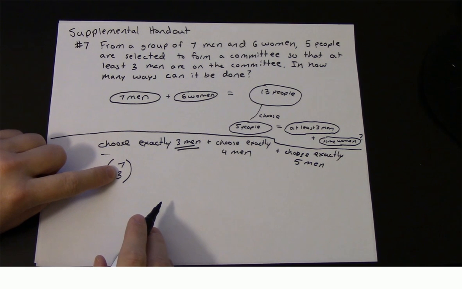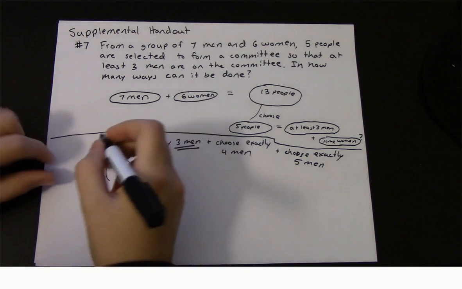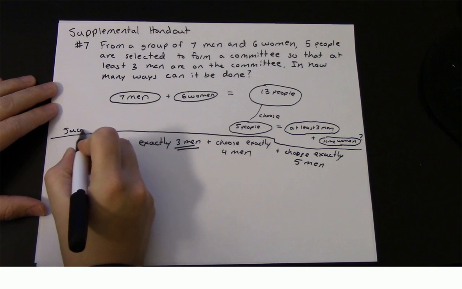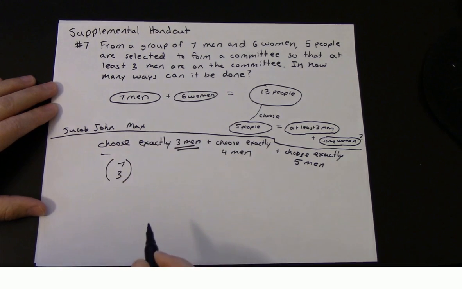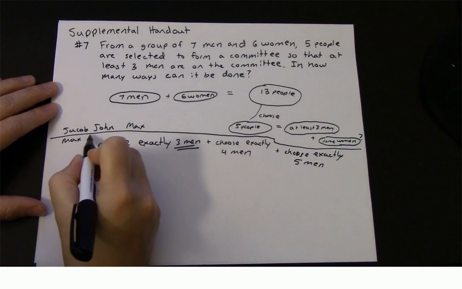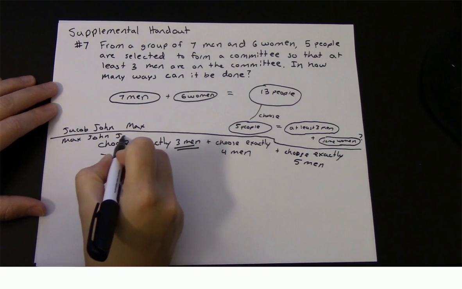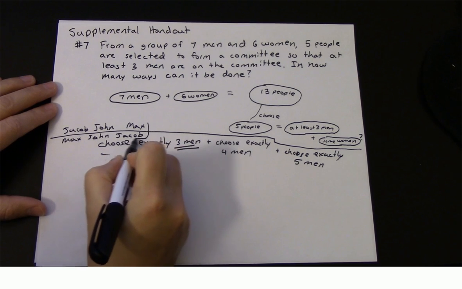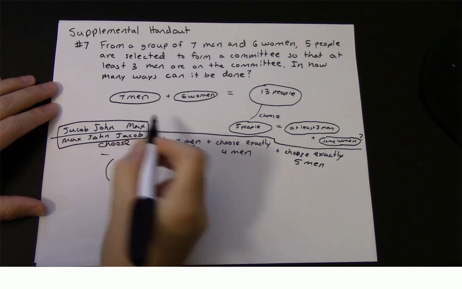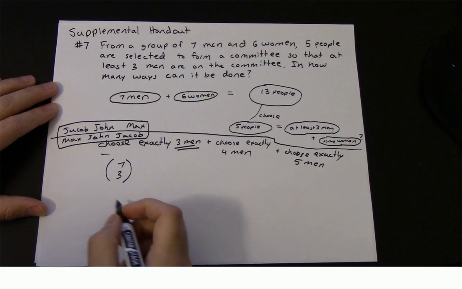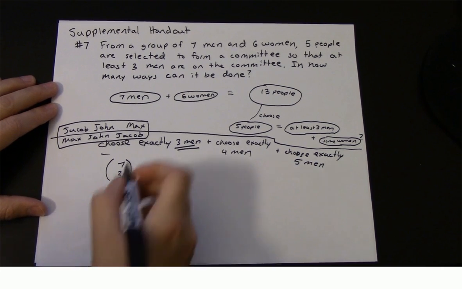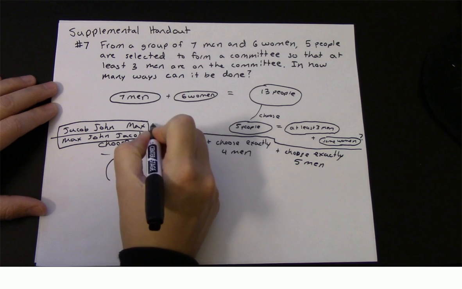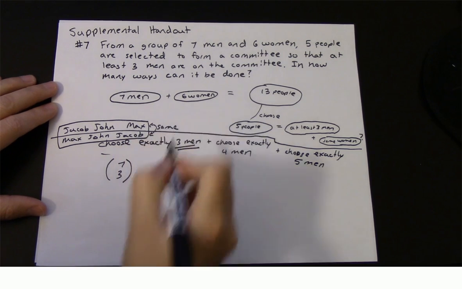We don't care if we choose Jacob, John, or Max as our 3 men, or Max, John, and Jacob. Since order does not matter, we are choosing combinations. This is not a permutation but a combination, because these two things are the same.